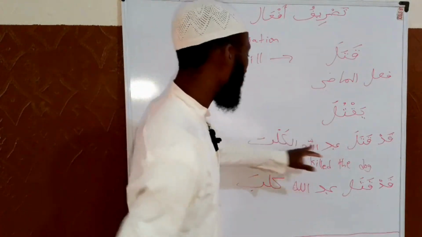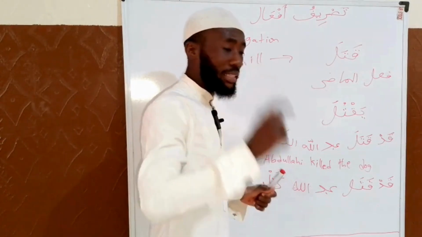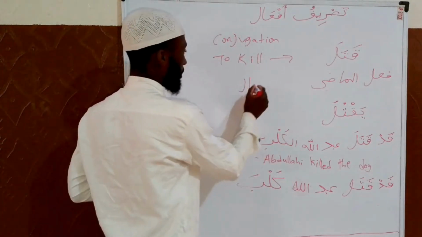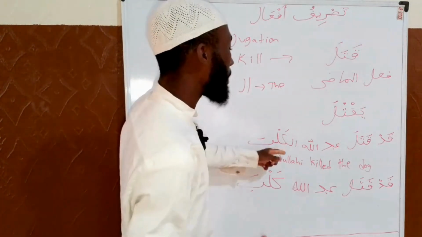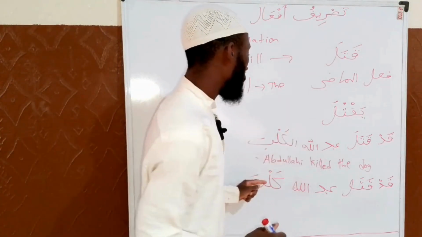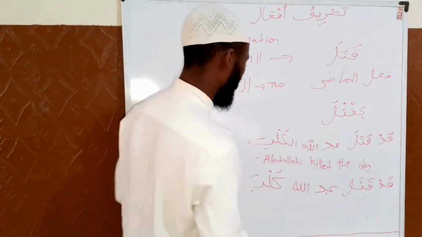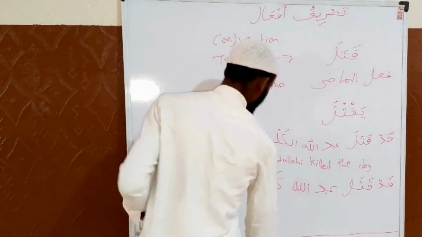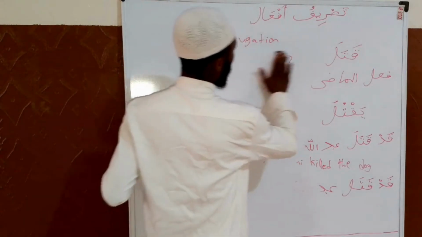This is what we call it. When we add alif and lam, it means "the". Qatala Abdullah al-kalba, Abdullah killed the dog. And qatala Abdullah kalban, Abdullah killed a dog. I hope that is clear.